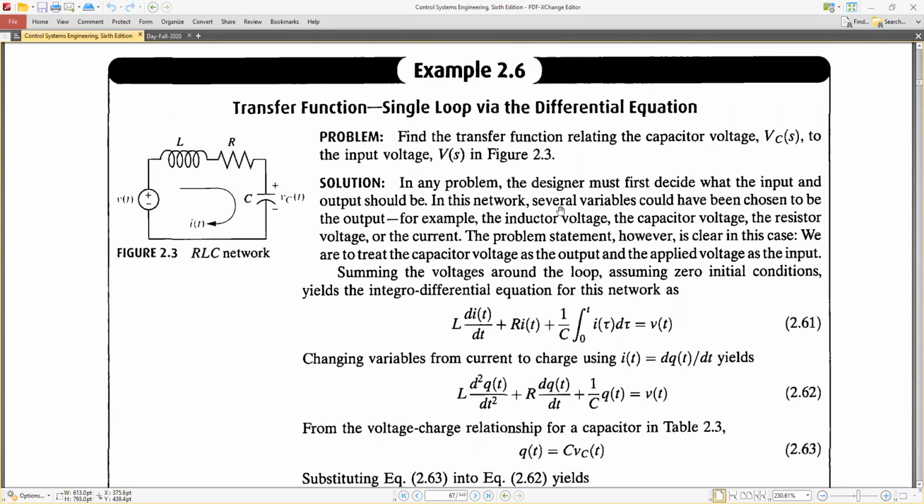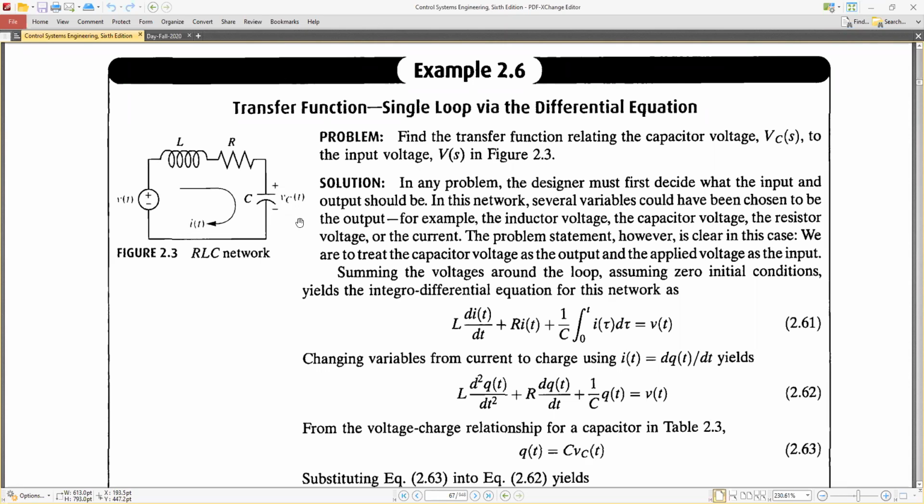The question is: find the transfer function relating the capacitor voltage VC(s) and the input voltage V(s).